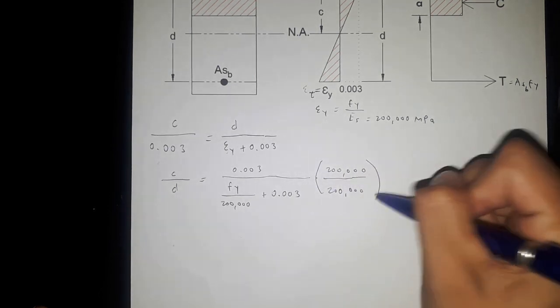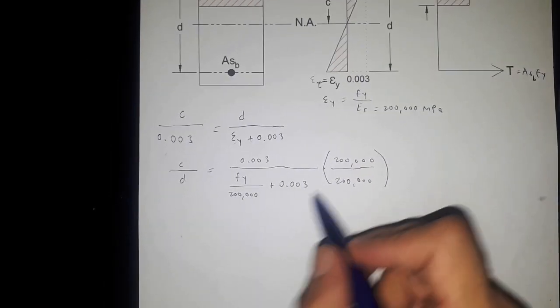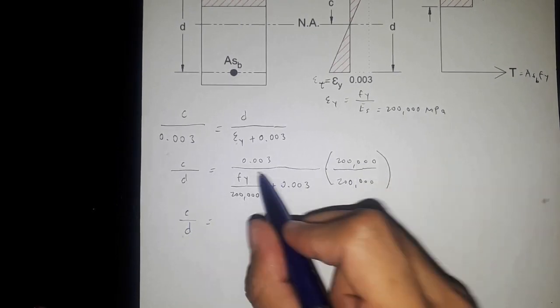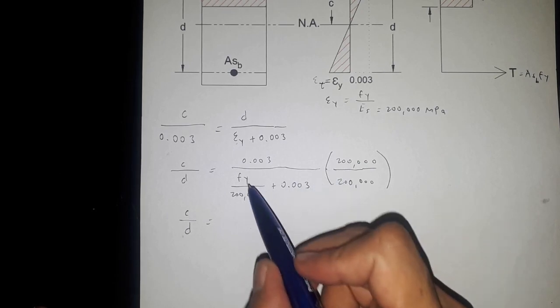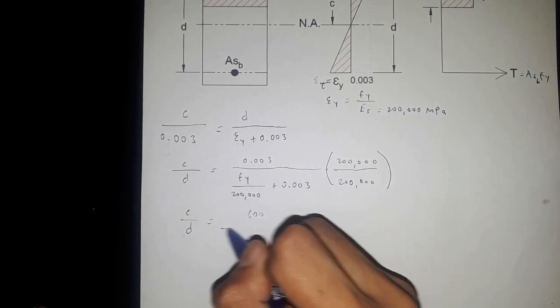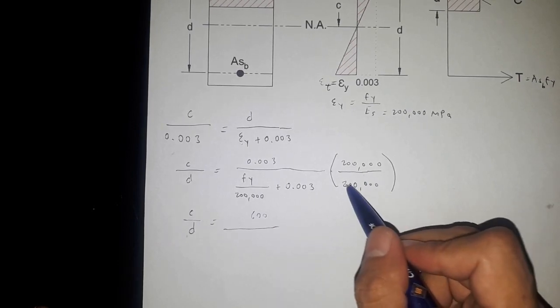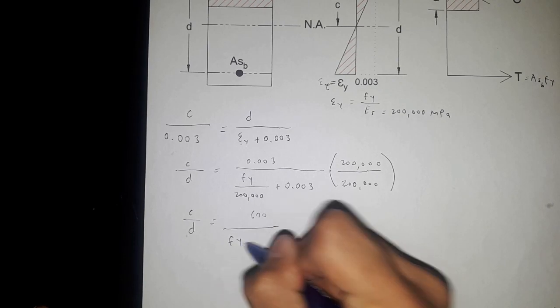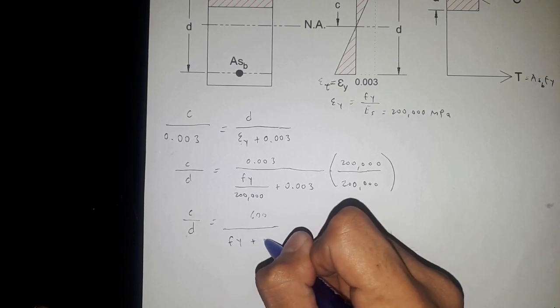So, multiply natin dito para umayos ang equation. Ito, 0.003 times 200,000 is equal to 600 over. So, ito naman, pag multiply dito, magka-cancel lang yan. Magiging Fy plus 600.